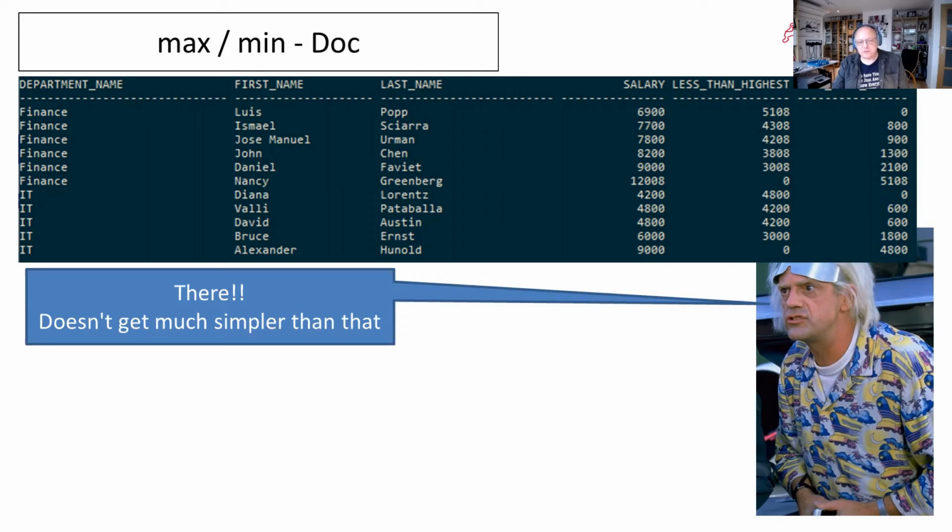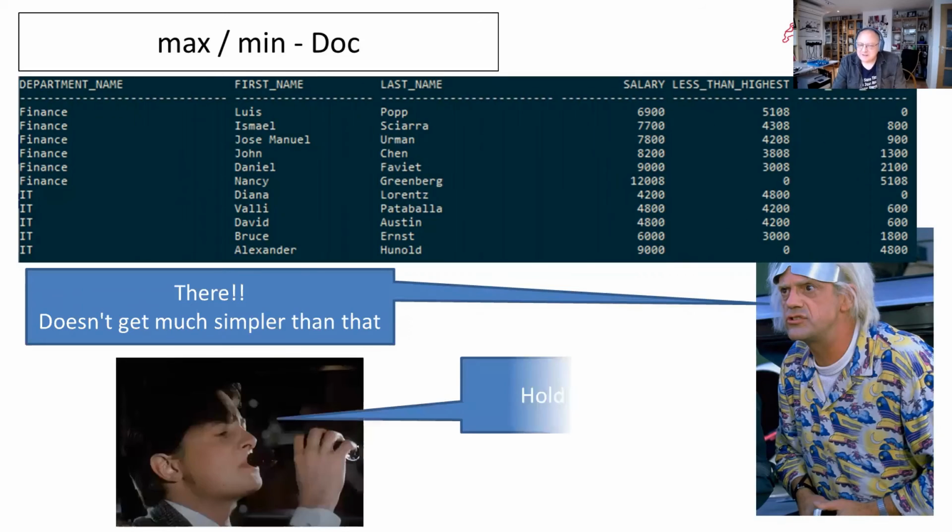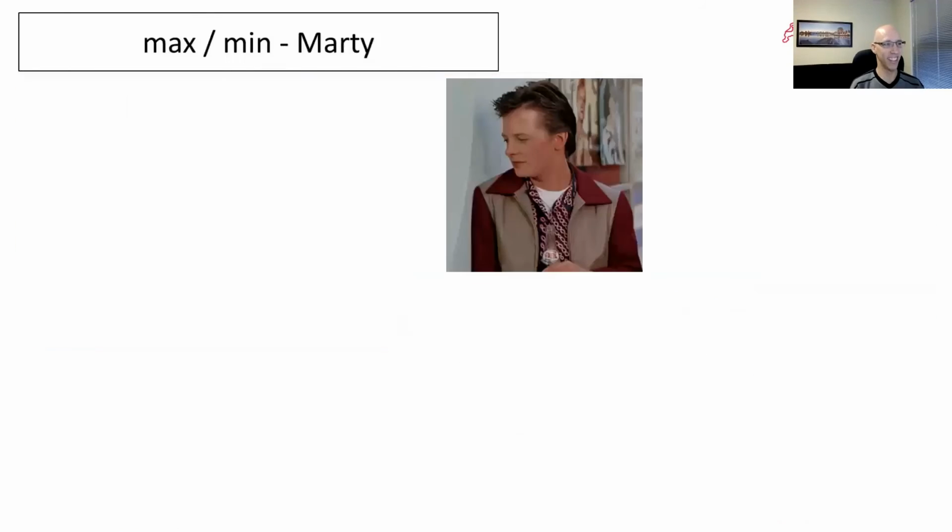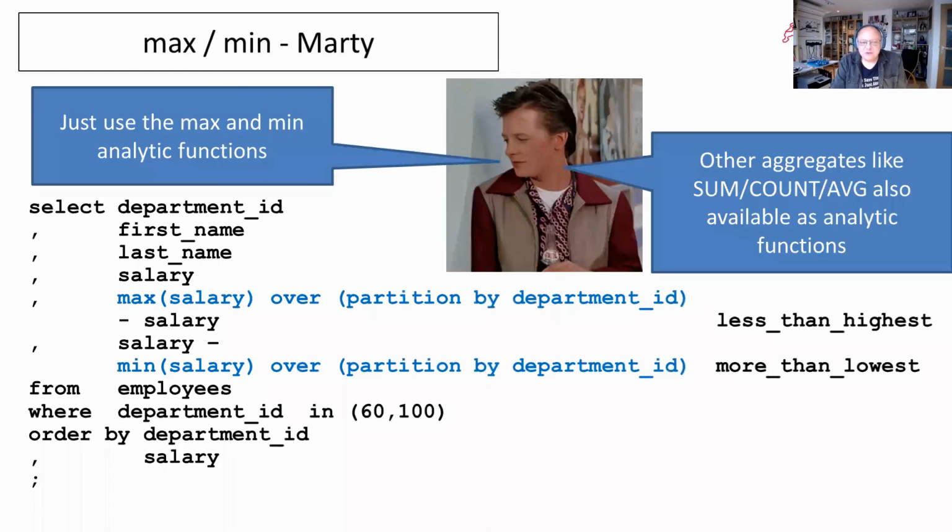Right. But I don't agree with the fact that it doesn't get simpler than that. I think it will get simpler than that. Okay, let's have a look at that. If you just use the max and the min analytic functions, and you partition by department ID, then you get the max and the min salary for the department of the employee at the current row.